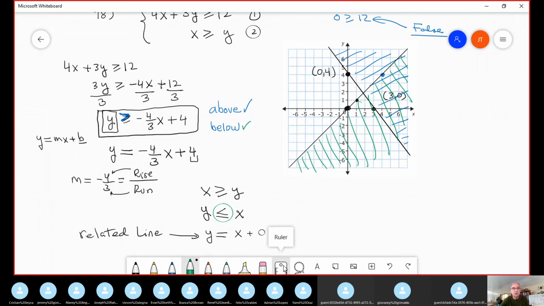The intersection between both inequalities. What is the common part? The common part that both inequalities share is this region. Any point inside this region satisfies both inequalities.